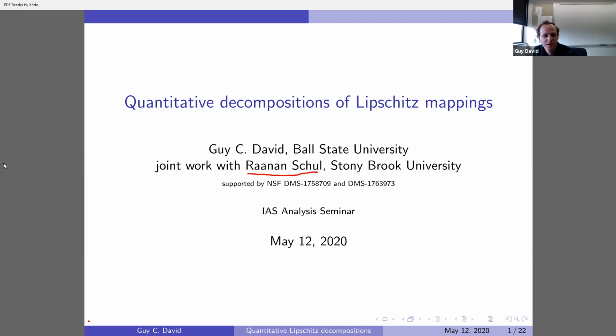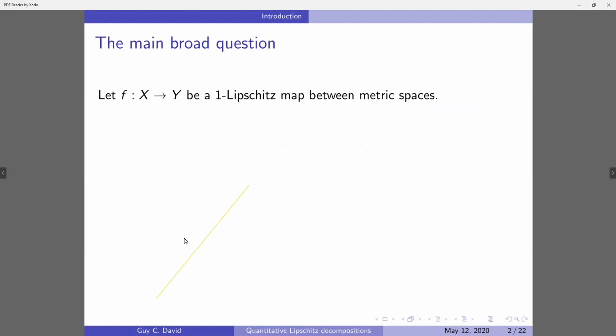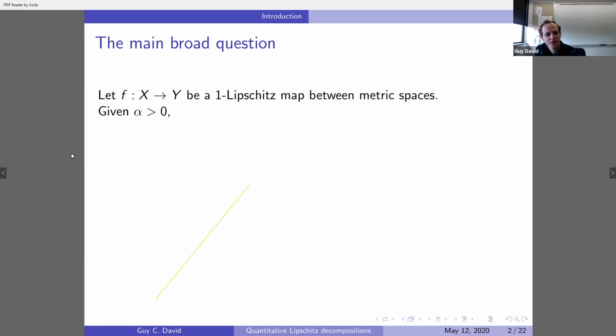Okay, so I'm going to start very broadly, and there's a broad question here, which is you have a one Lipschitz map, so a map that does not expand distances, between two metric spaces. And you have a positive parameter alpha, which is a kind of error bound.